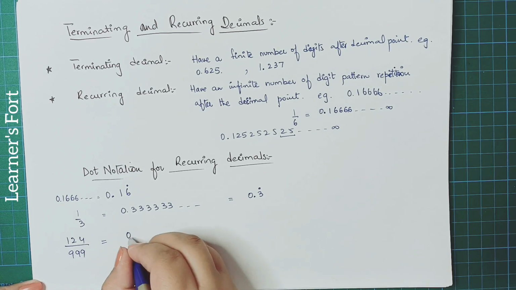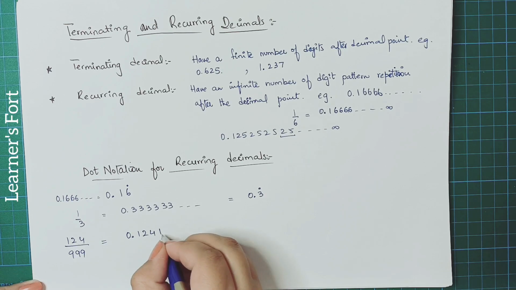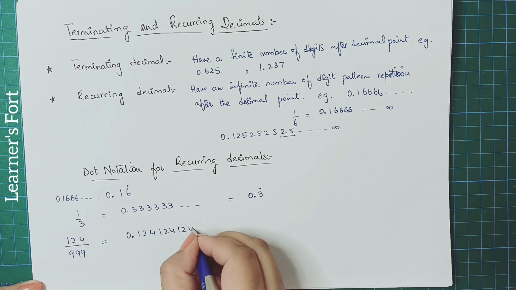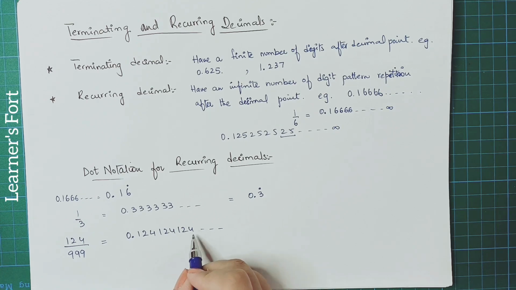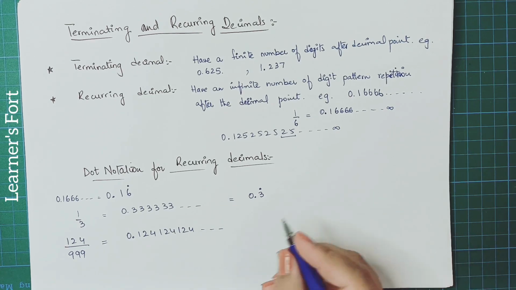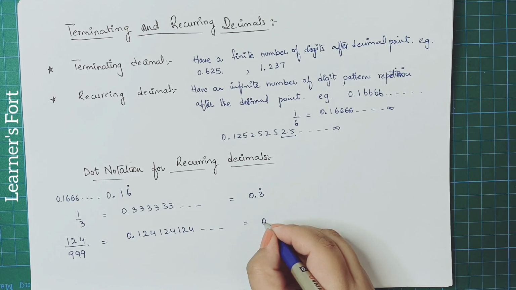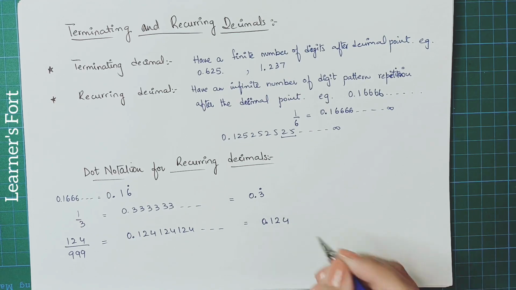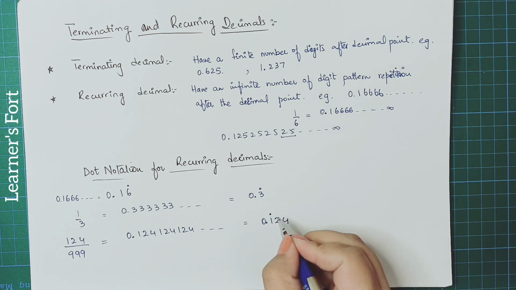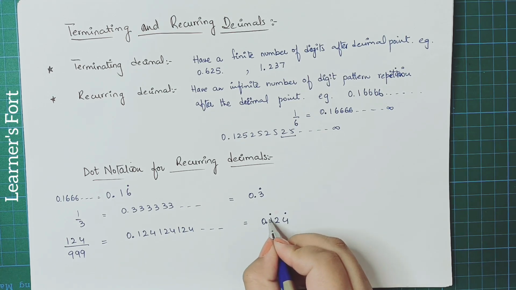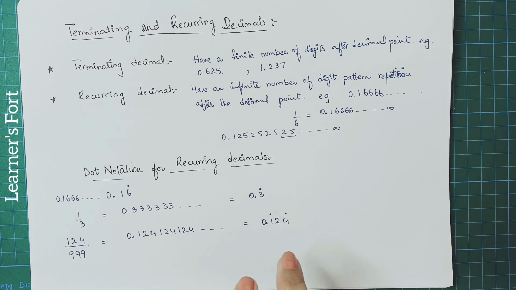In this case, we are left with 124, 124, 124, and so on. The digits 124 repeat in a pattern, so it can be written as 0.124. Since all three digits are repeating, we write 124 and put dots on these digits.